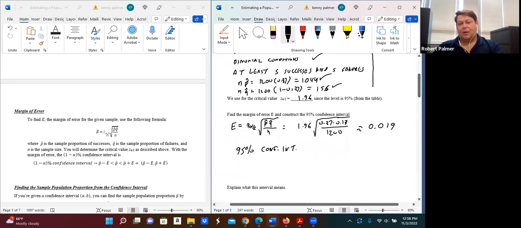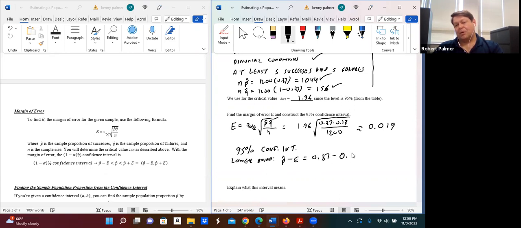Now, my 95% confidence interval. Look at our confidence interval. What we need to do is find our upper bound and lower bound. It doesn't matter which we find first. So our lower bound is going to be p hat minus E, so 0.87 minus 0.019, and that's going to be 0.851.